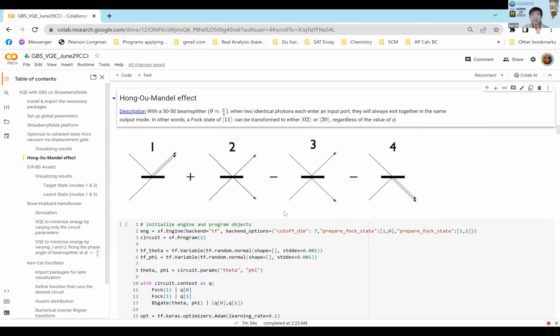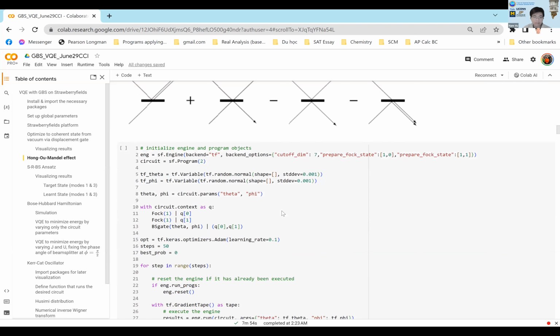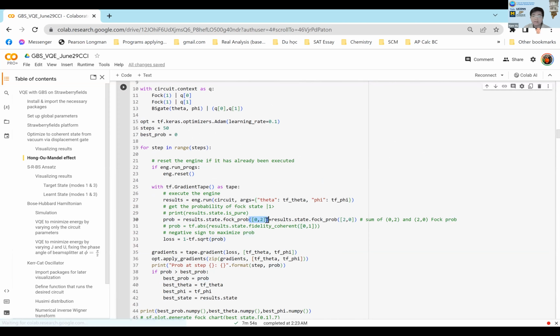And so what I'm going to do in this optimization is start with random normal distributions of theta and phi centered at around 0. Since I'm trying to optimize the total probability of getting 2, 0 and 0, 2, when you add the probabilities I want that to be around 1.